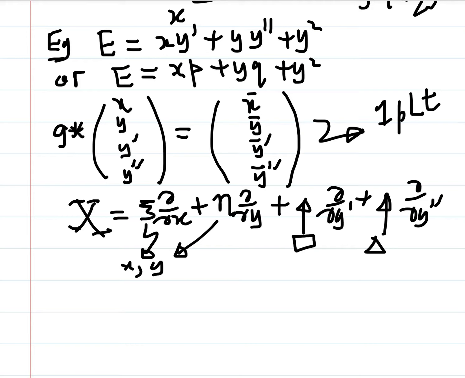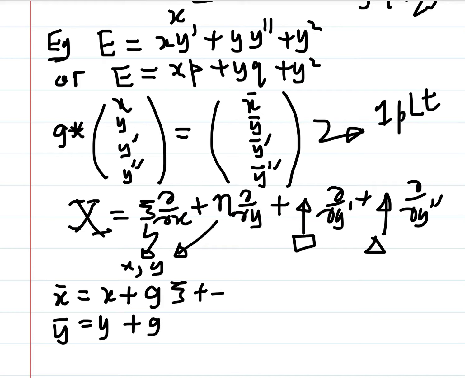Well, remember we said that x bar in its expansion has a coefficient of the parameter g given by xi. Similarly, y bar in its expansion, written in this particular form, has the coefficient of the first power of g being eta, the very exciting eta that comes from the vector field.